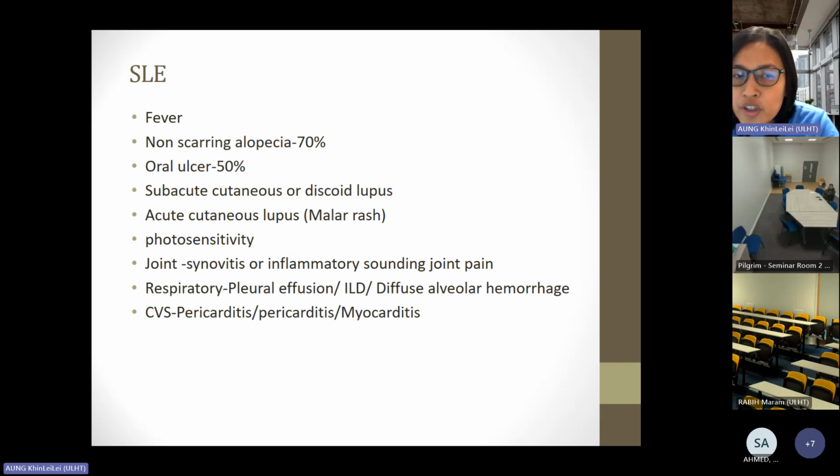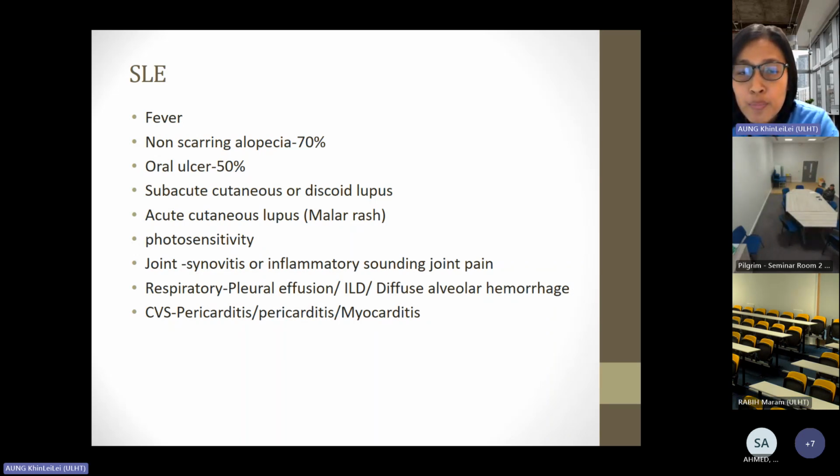The usual manifestation is fever, but SLE rarely presents with daily high intermittent fever, and SLE does not present with chills and rigors either. So we suspect infection in a patient with lupus when presenting with intermittent high fever with chills and rigors.